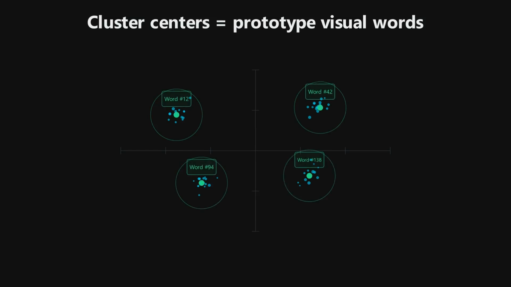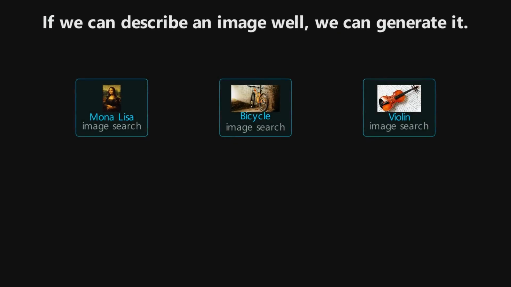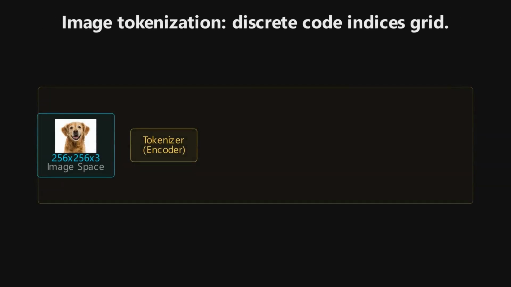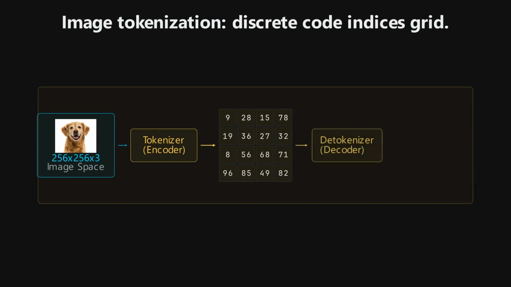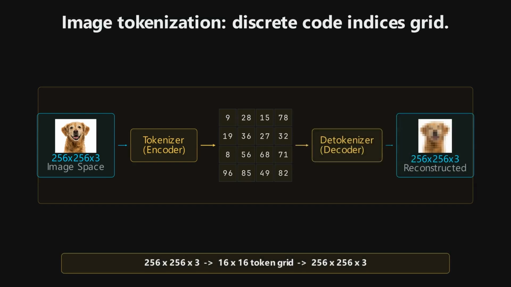A dog's eye, nose, a patch of fur, the edge of a car, a piece of road texture. Each small part carries information. This is the intuition behind visual words. If we collect many image patches and place them into feature space, similar patches begin to form clusters. The center of each cluster becomes a prototype, a visual word. So instead of representing an image as raw pixels, we can describe it using a dictionary of reusable visual patterns.